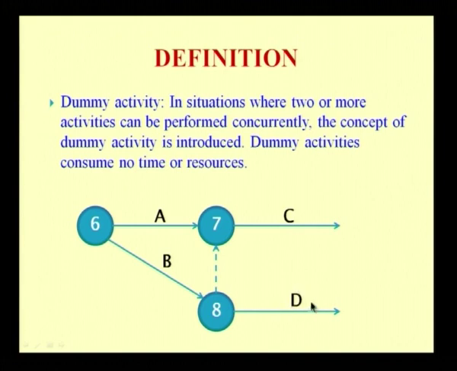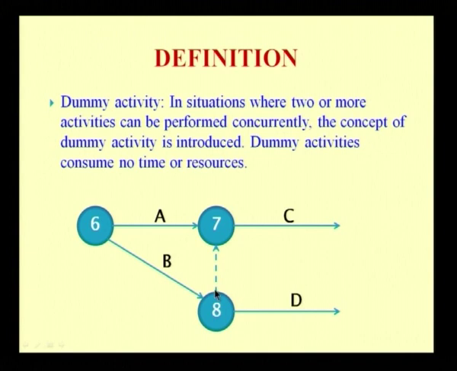Whereas when I am mentioning activity D, I might be mentioning a factor which is called a predecessor activity. For starting with D, I would require B to be complete. So I take up D only after the completion of event 8 or activity B. Similarly, I consider C only after completion of activity A.